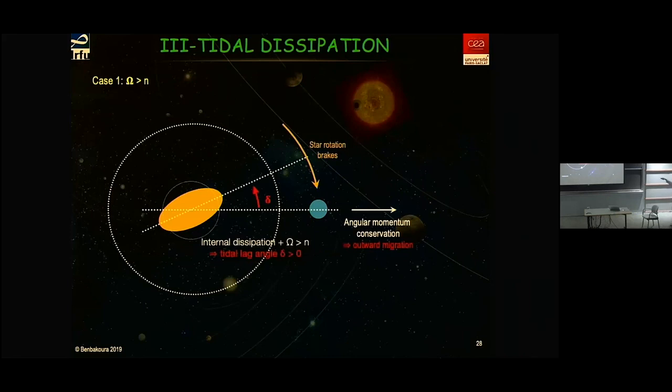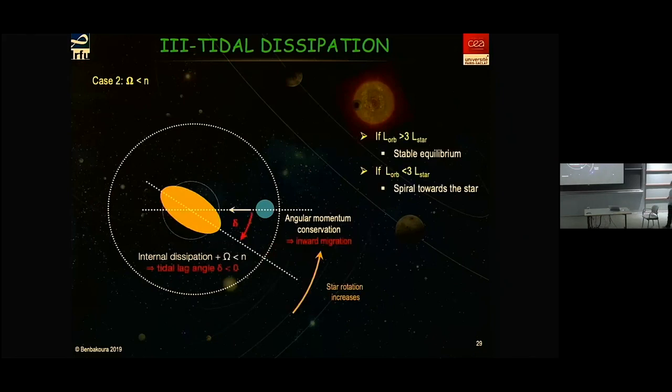If the rotation of the star is faster than the rotation of the planet, the planet will drag the speed of the star, and then it will brake. The contrary will happen if the star is spinning faster than the planet. Then the planet tends to spiral into the star, although there are some differences.